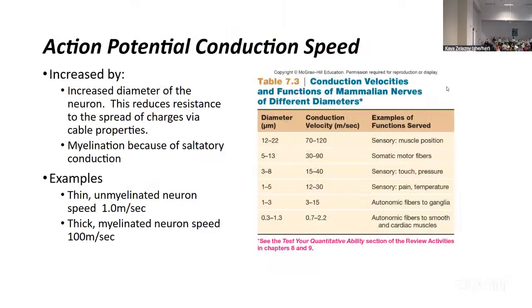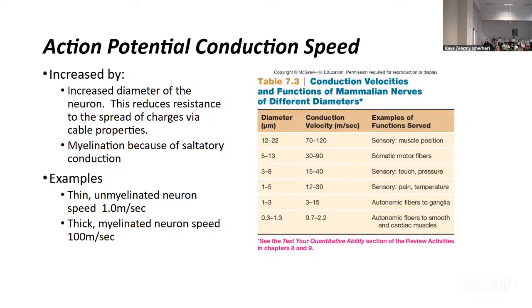Okay. So one way that we can speed up conduction of an action potential, say you're thinking about a nerve cell that's going from your brain to your big toe. You don't want to wait forever for that. You want to get there relatively fast, but you've got a big distance to cover. So one thing we can do is cover the axon in myelin.